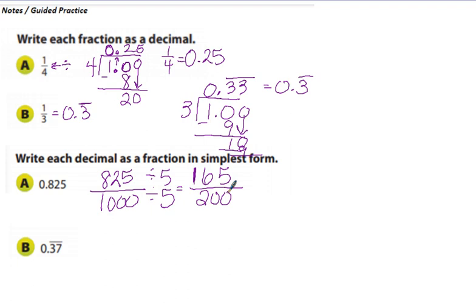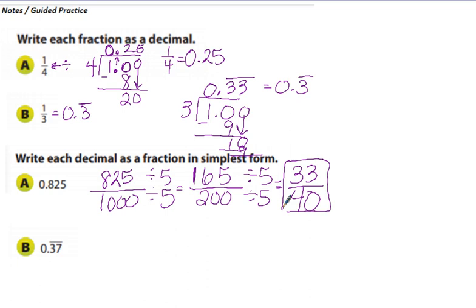Oh, we can reduce again by 5. So 5 goes into 16 3 times, it's 15, 1 left over. 5 goes into 15 3 times, perfectly even. 5 goes into 20 4 times, and then we have our 0. And then we're done. So just read the decimal, and that's your fraction. 825 thousandths makes 825 over 1,000.